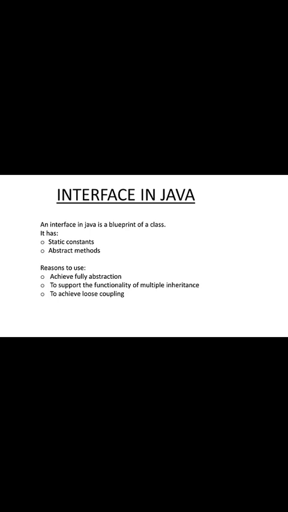The only fields that can appear in an interface must be declared both static and final. An interface is not extended by a class, it's implemented by a class. An interface can extend multiple interfaces. Reasons to use an interface: to achieve full abstraction, to support the functionality of multiple inheritance, and to achieve loose coupling.